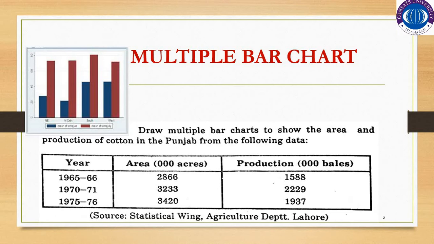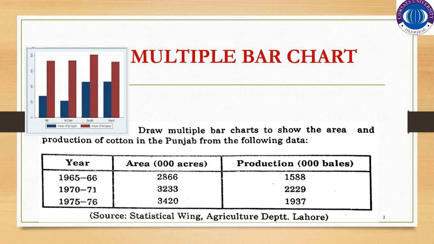This is a good device for the comparison of two or three kinds of information, for example, imports, exports, etc. In a simple bar chart, we construct only one bar against the variable.